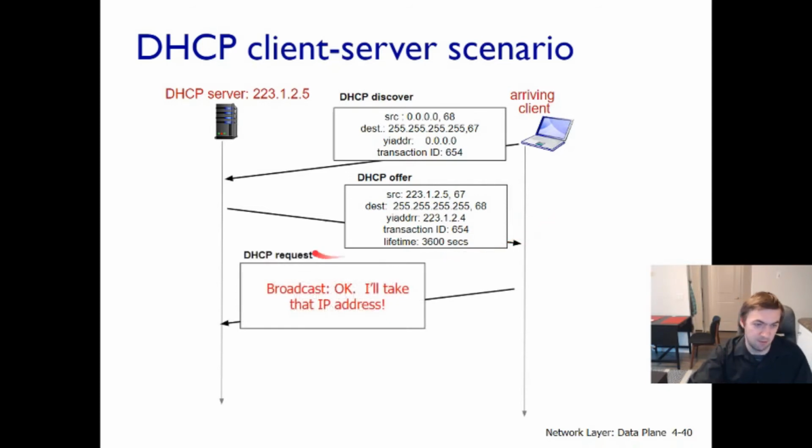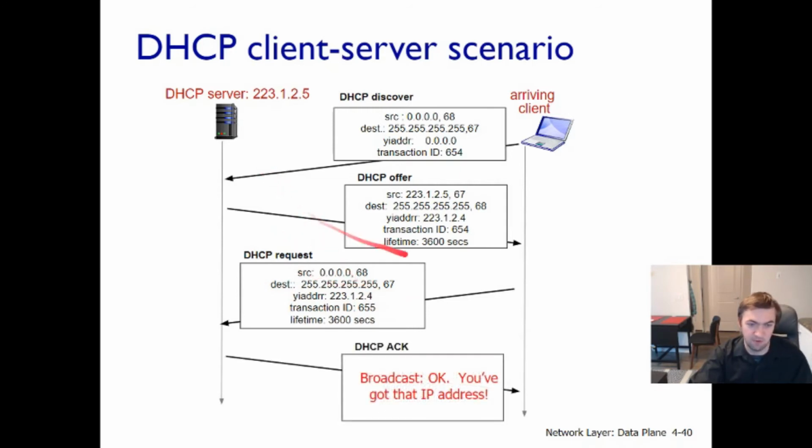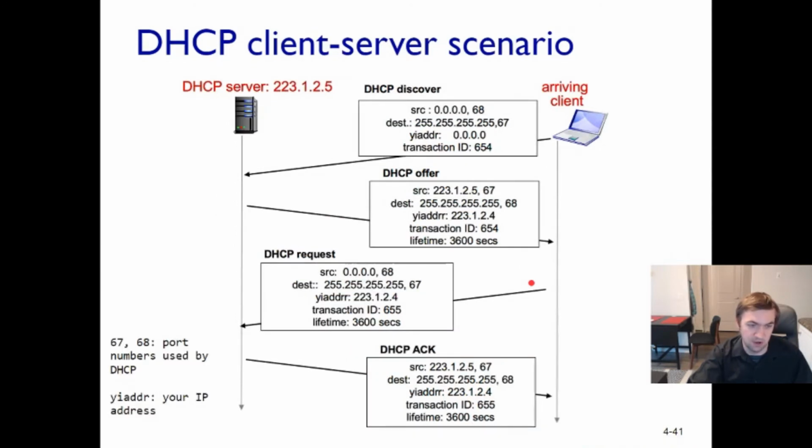The client then replies and says, okay, I will take that address, here is the address I have taken, and then the server replies and says, okay, that IP address is yours. Among all these numbers, a few stand out. You can see a 67 and a 68 here. These refer to the port numbers that are specifically for DHCP. And then YI address is the address that you are actually giving to the arriving client.